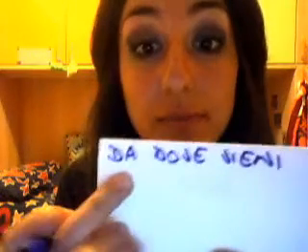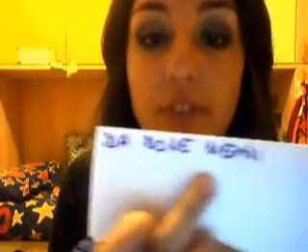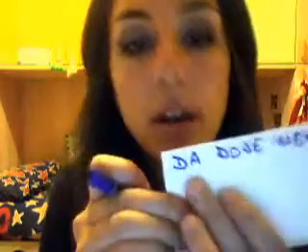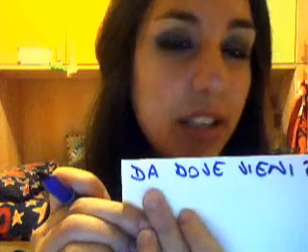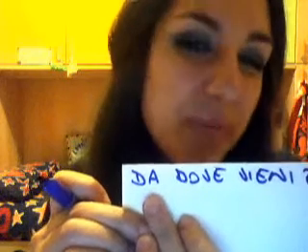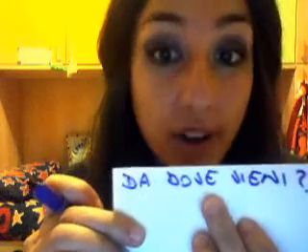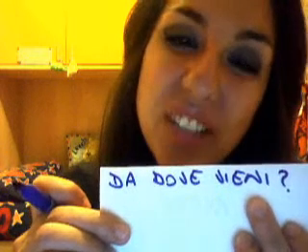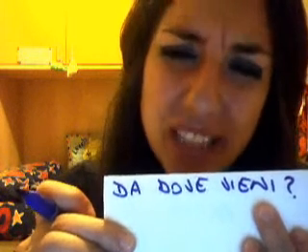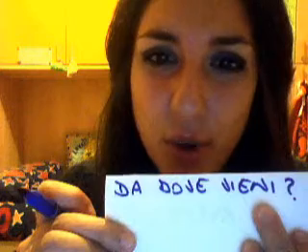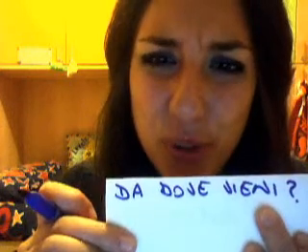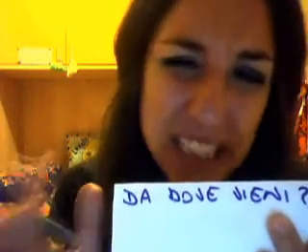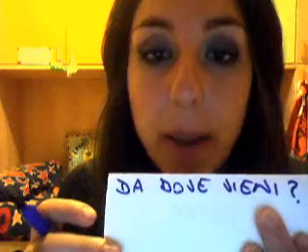Literally, da is from, dove is where, vieni is come. If it's formal, it is viene, but since this is the first lesson, it's enough to learn the informal way, otherwise you can get confused.